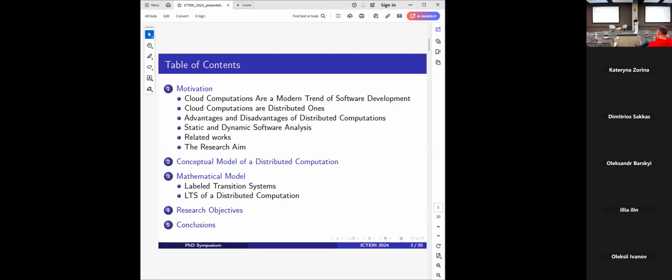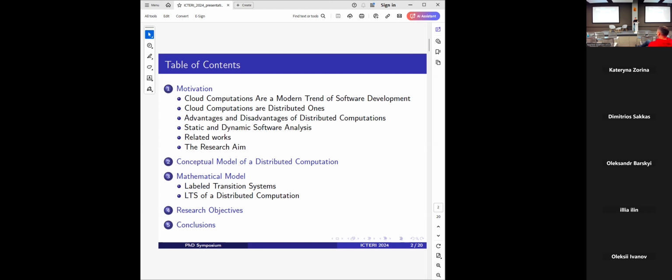Next, we will move on to the conceptual model of distributed computations.